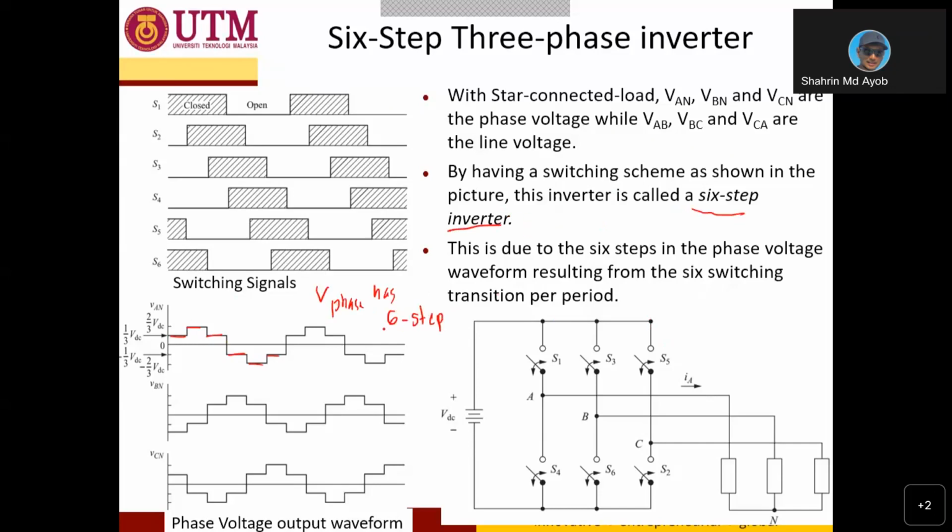Each step, the magnitude is 1/3 VDC, and this one is 2/3 VDC. So each step is 1/3 and the other one is 2/3.